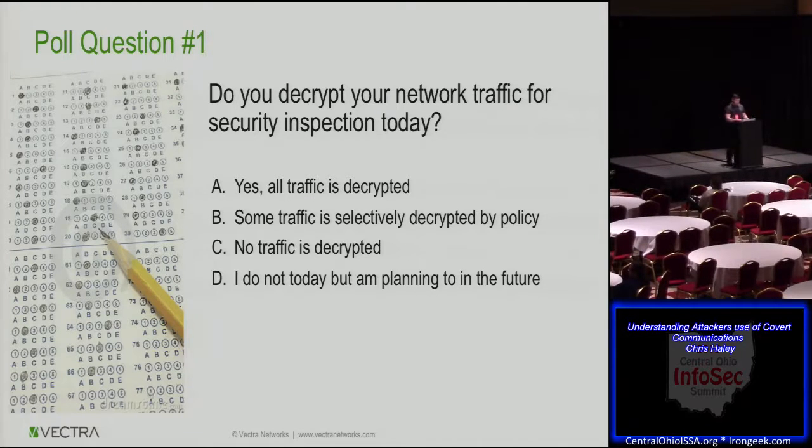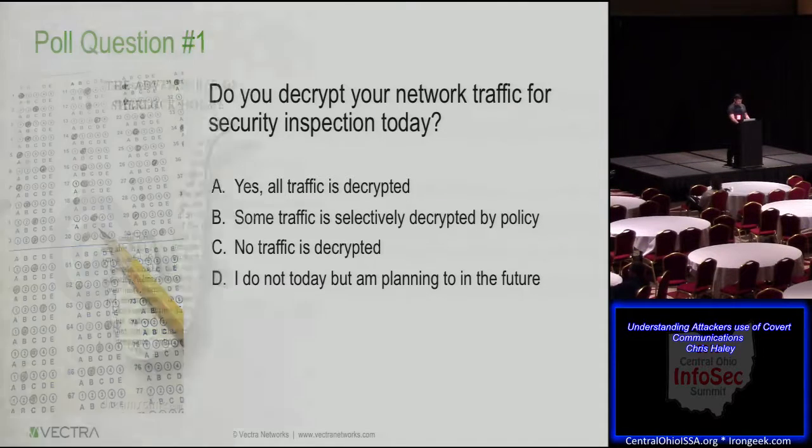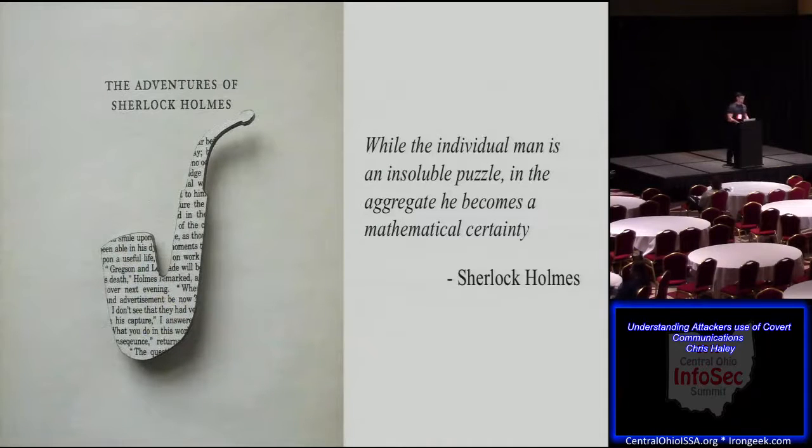So how do we solve this problem? So the use of Sherlock Holmes, fictitious detective, is a little interesting, I guess, for this analogy. But the quote, I think, applies. When you're looking at the individual, the puzzle is somewhat insoluble.